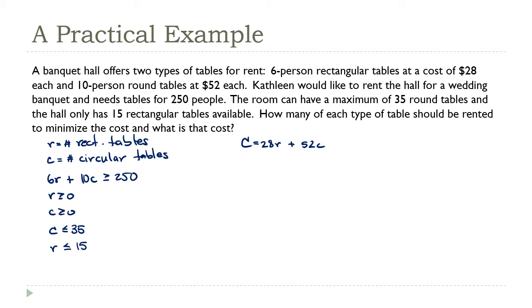You can cross stuff off here if you like, right? I've used this 250 table requirement. I've used the maximum number of each type of table. And I used the table size, and I used the cost. So, excellent. There's my system of linear inequalities and my objective function.